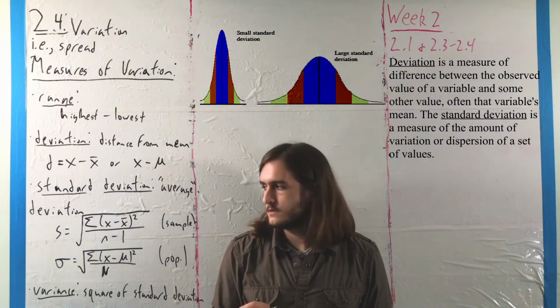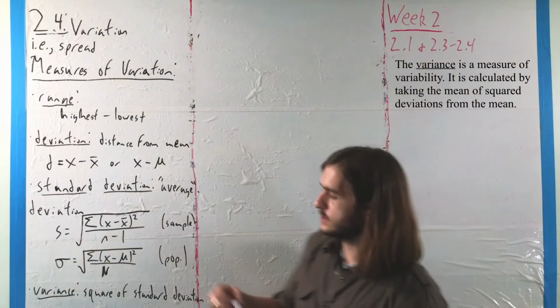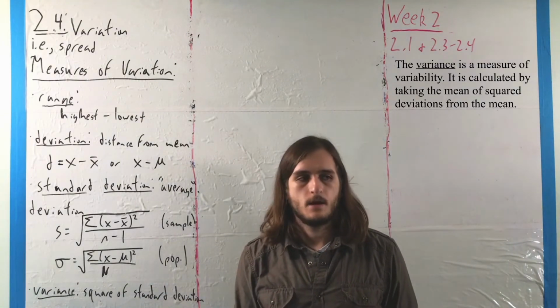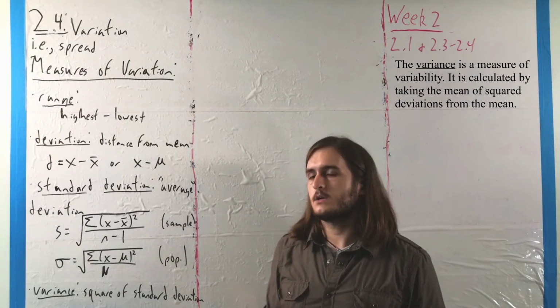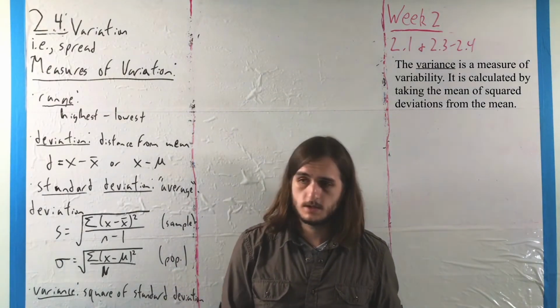And then from there, we can talk about variance, which is the square of standard deviation. And when you're going to compute this stuff by hand, you usually get the variance first.